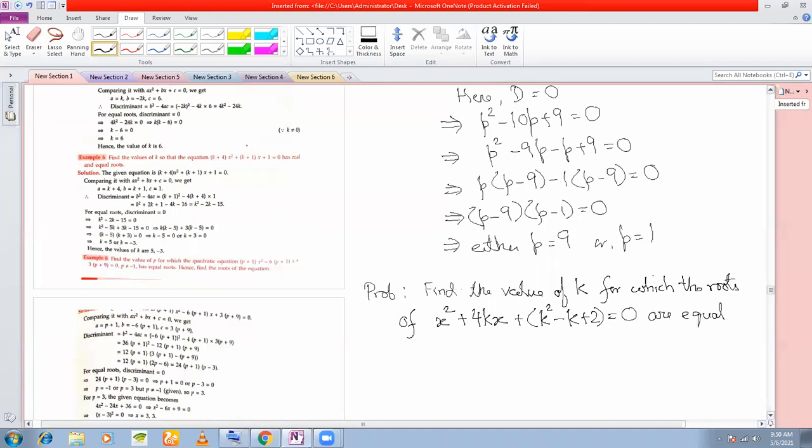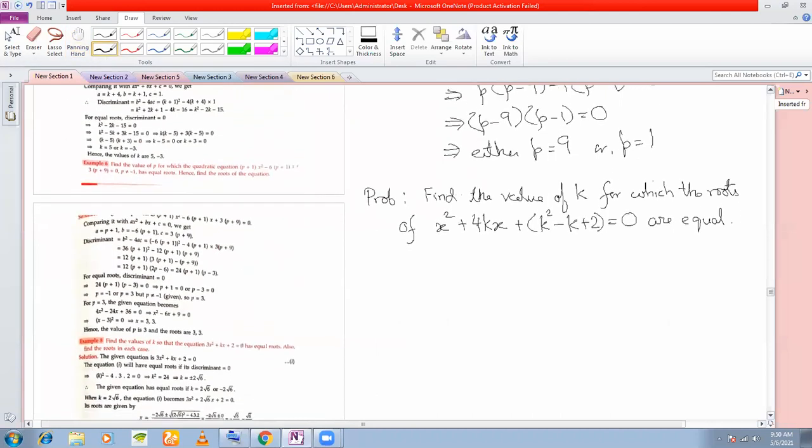Just as we had in the above problem, very similar problem. That is, it is given to you that the roots of this equation are equal.